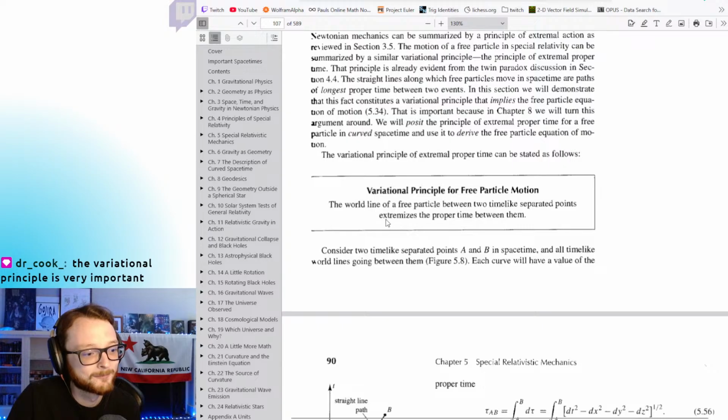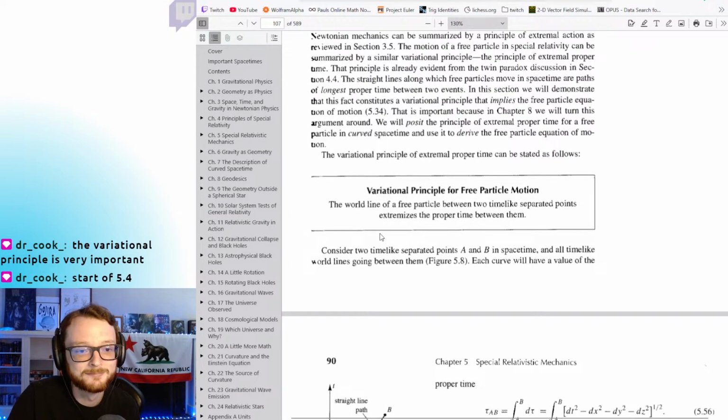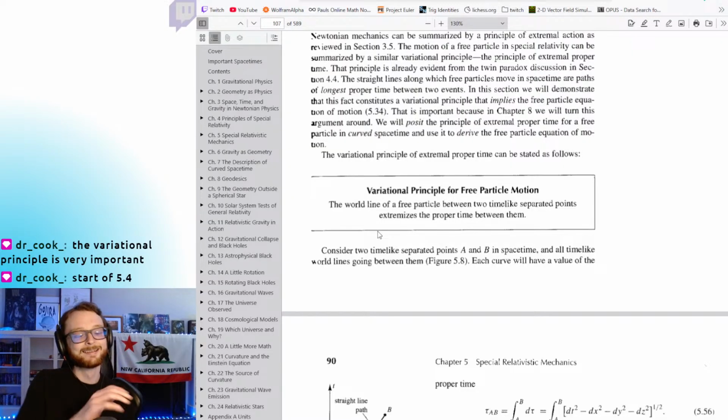Variational principle is very important, Cook says. I had a feeling it was. Because you and Dr. Cook were telling us about proper time, and I have a feeling proper time is really a key idea. They did say it's going to come back in chapter 8.